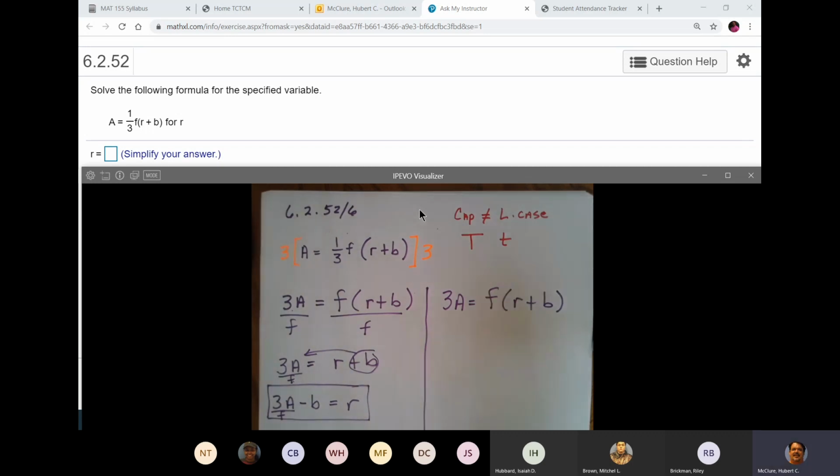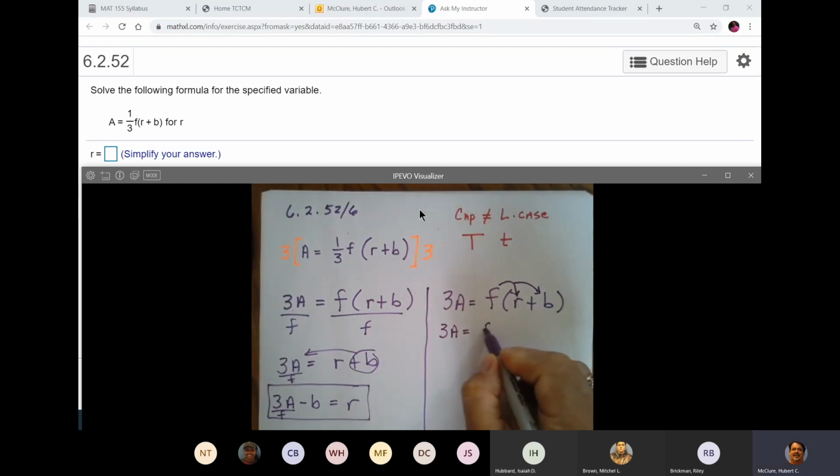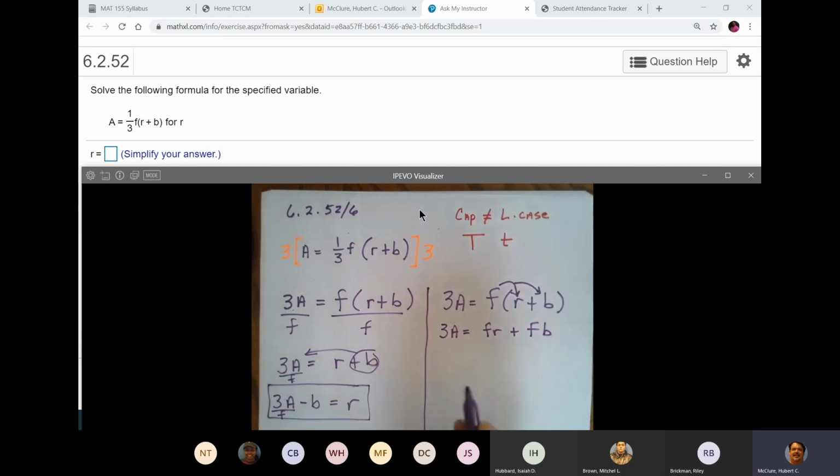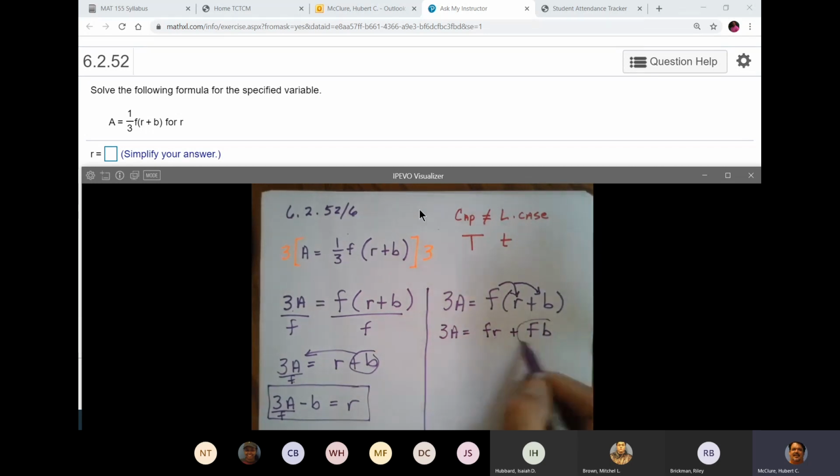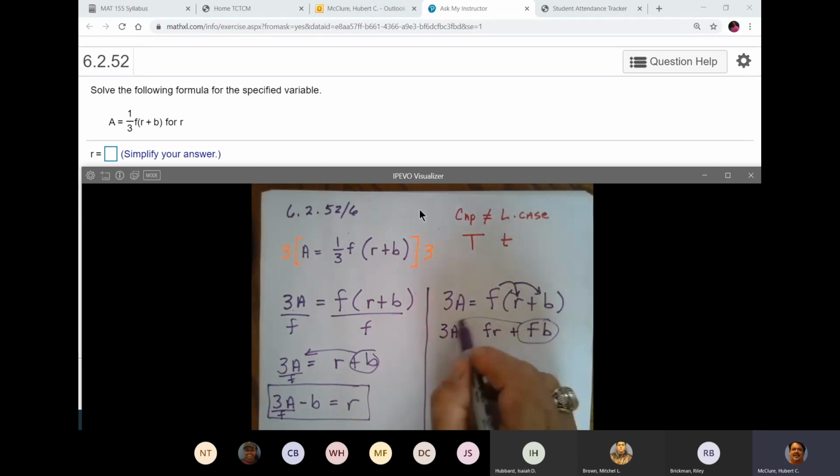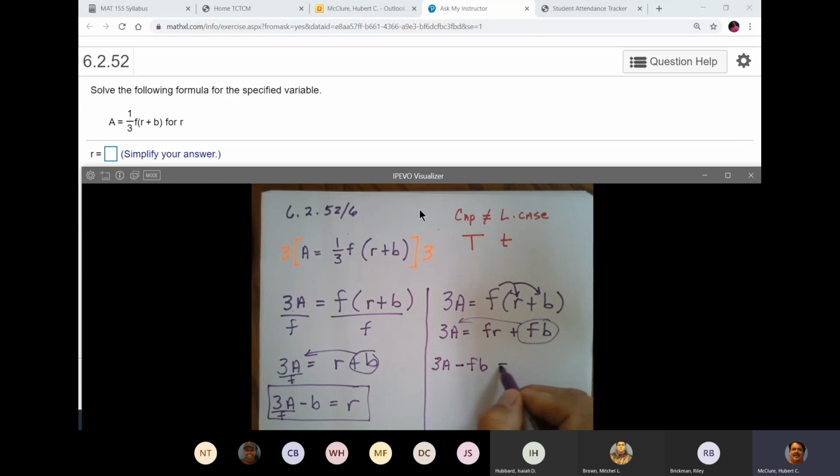Now I'm going to distribute. 3A is equal to FR plus FB. Now I want to get R by itself, so I'm going to get rid of the positive FB. And that's going to be 3A minus FB equals FR.